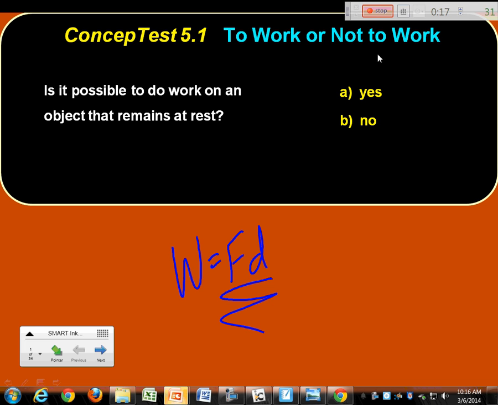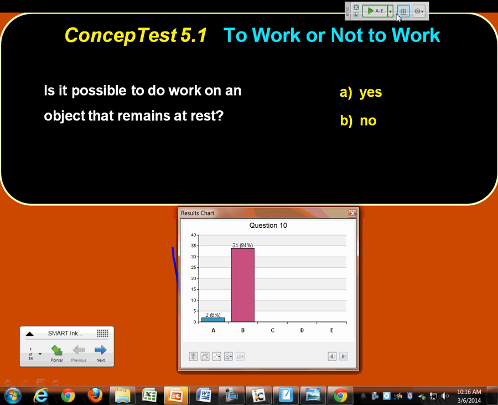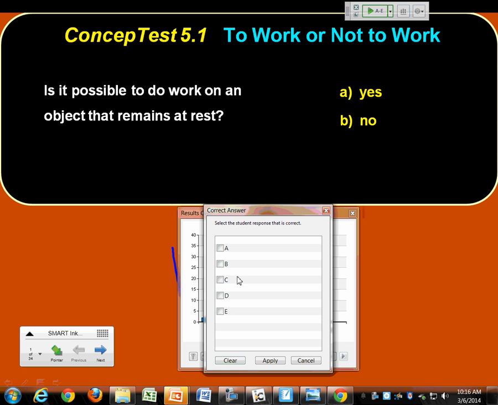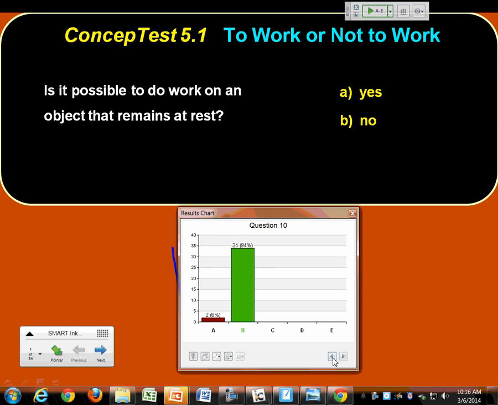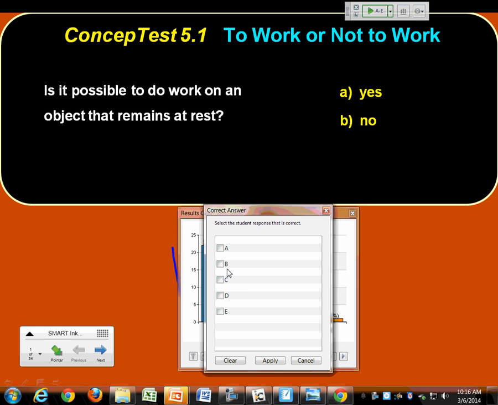All right, I'll stop at 25. Okay, very good. So if it's at rest, that means it's not moving, and so there's no work being done.